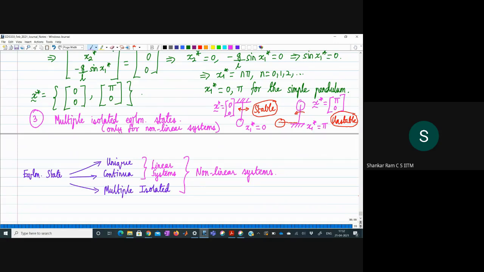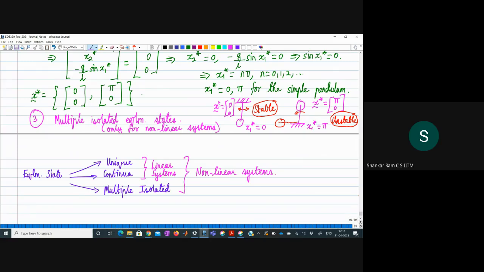That is something we are going to look at in the next session. In the time remaining in this session, I'm going to discuss the midterm exam and its solution. So that is why I'm going to continue the discussion on stability of equilibrium state in the next session.